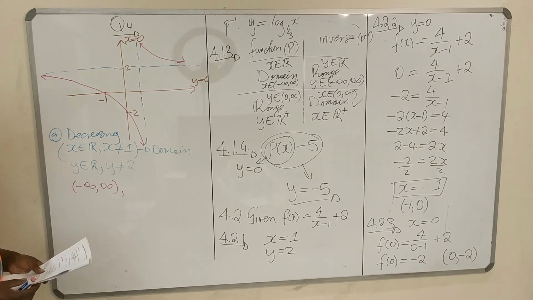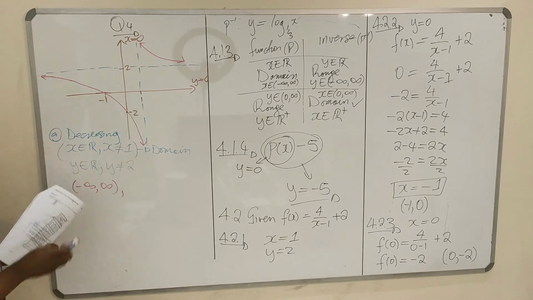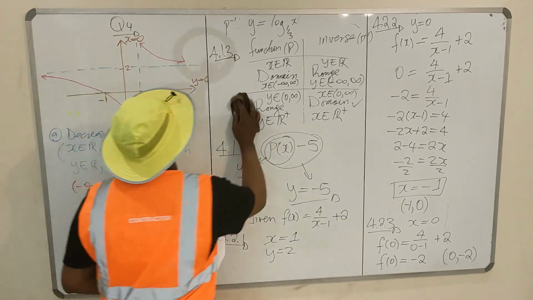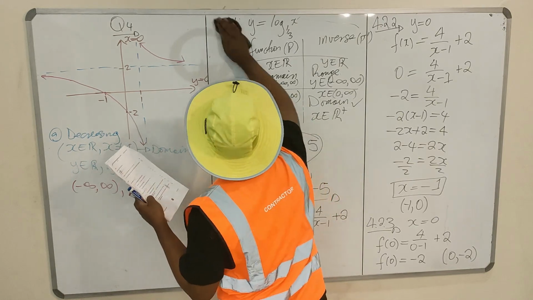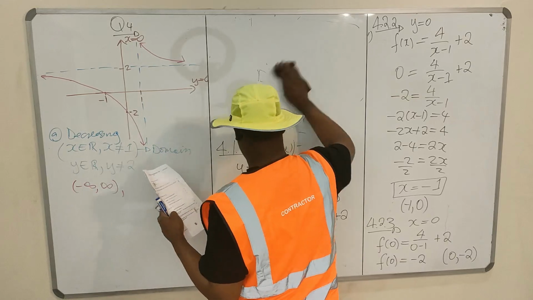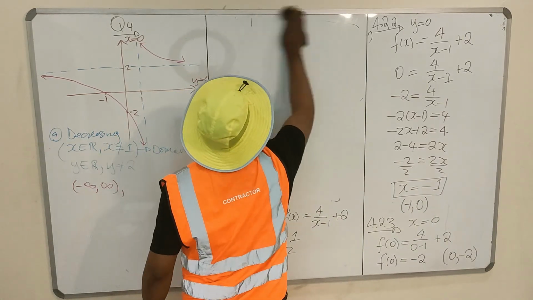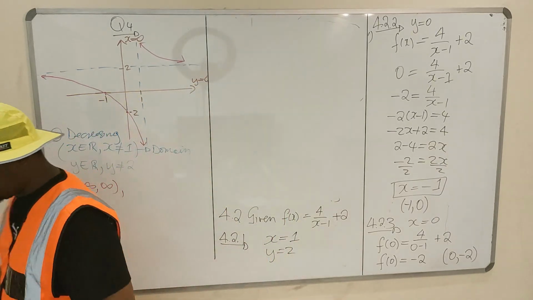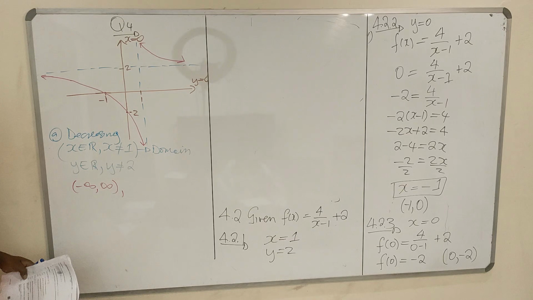So we managed to plot the graph. Let me clean that side. So we're left with two questions. This is the domain of the function, this is the range of this function.